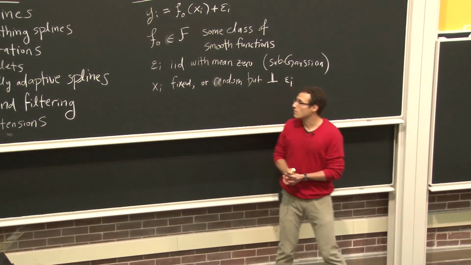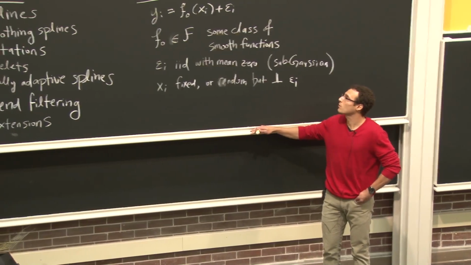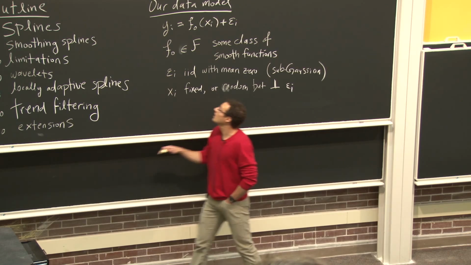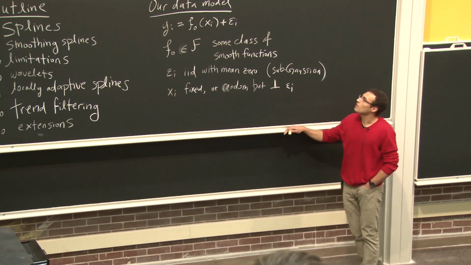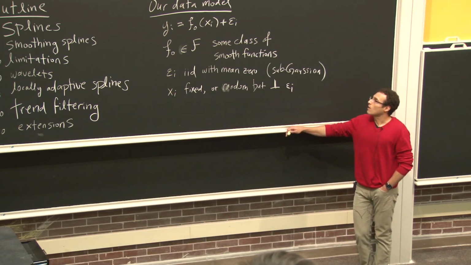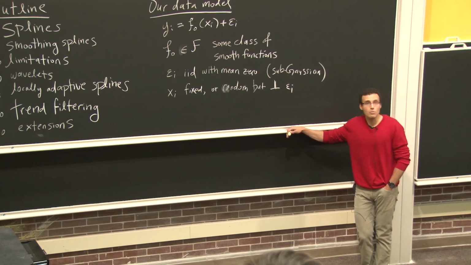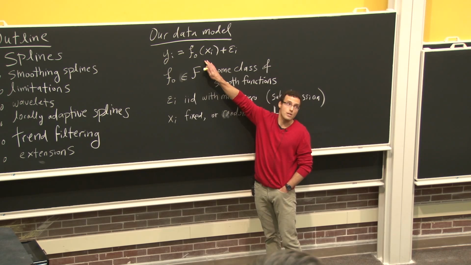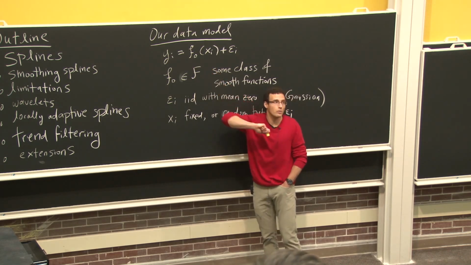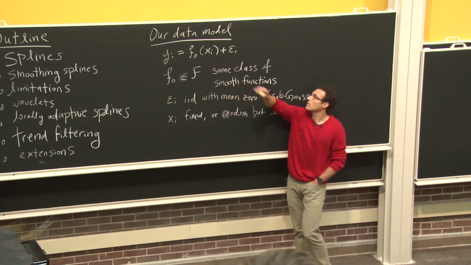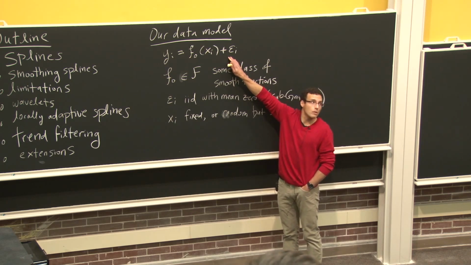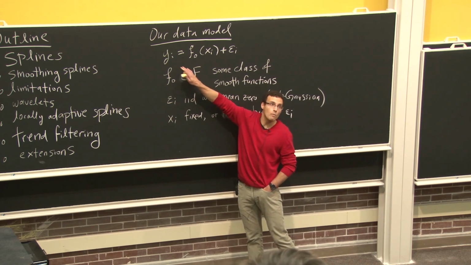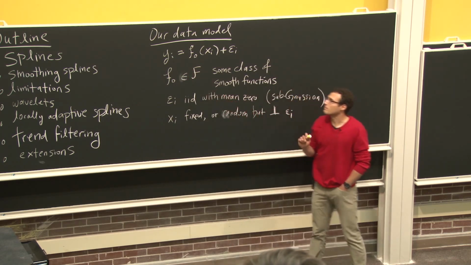All right, so our data model for most of this, in fact, all of this except the extensions, is going to be the following. We're going to think about observations and inputs, so y_i and x_i, that are related by the following regression equation, where f_0 is some unknown regression function, and these are errors that are made when we observe these y_i's.